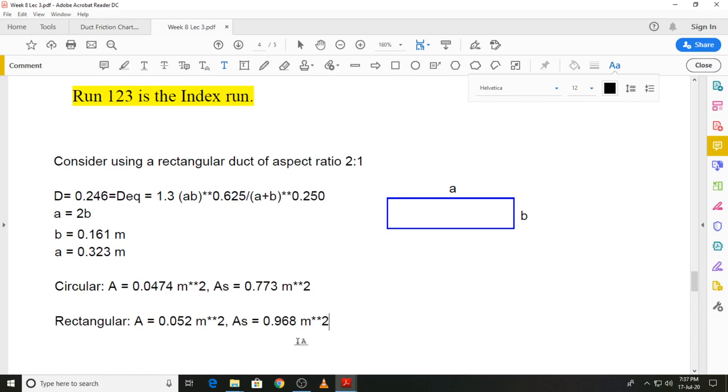The rectangular duct of course has the merit that you can fabricate it on site, whereas circular ducts are not fabricated on site. You have to fabricate them off site and then bring and assemble them at site.